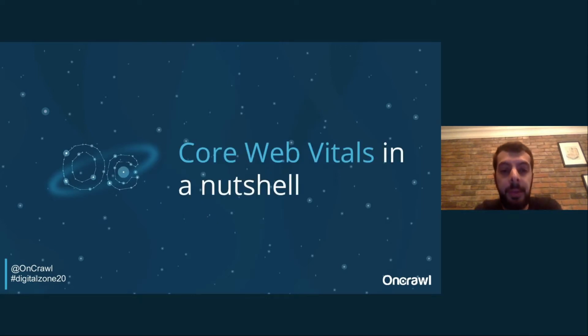So the first point, core web vitals in a nutshell. Before that, being a customer success manager at OnCrawl, when Google announced that they would pull a new ranking factor, I had a lot of questions from my clients. They wanted to know how to measure that and how to pull that in an SEO audit.